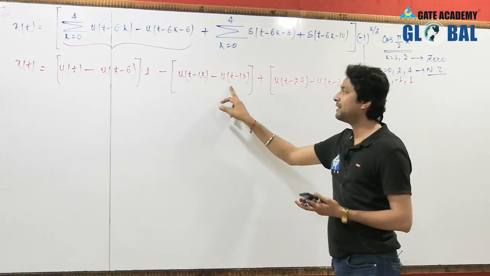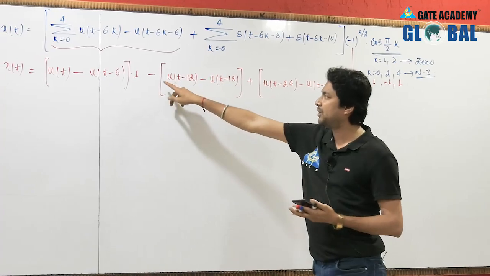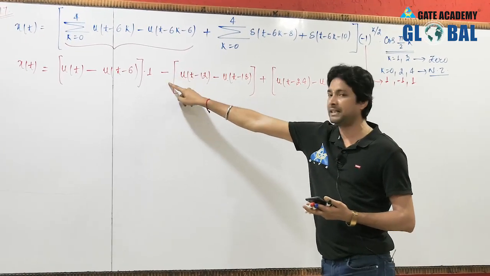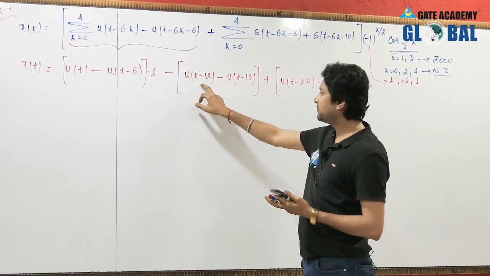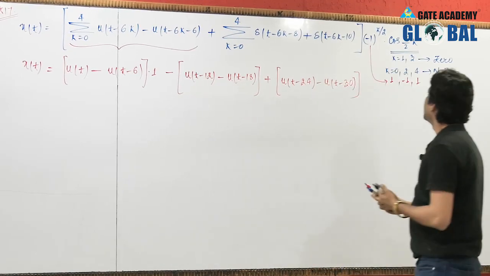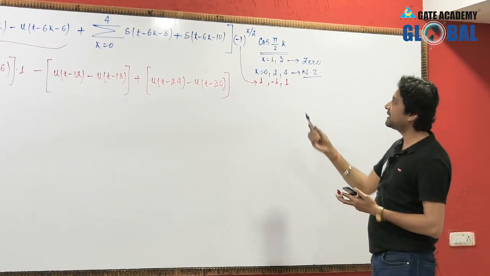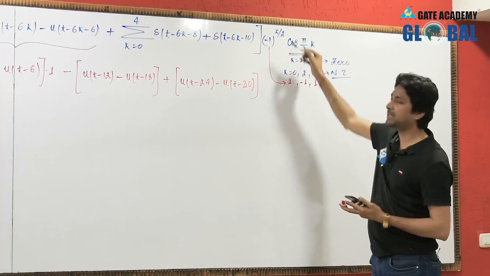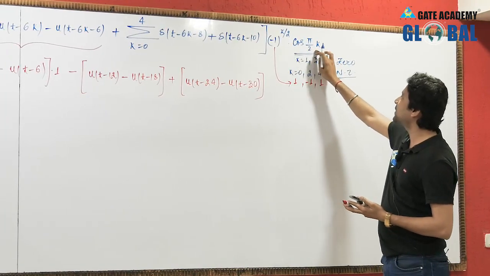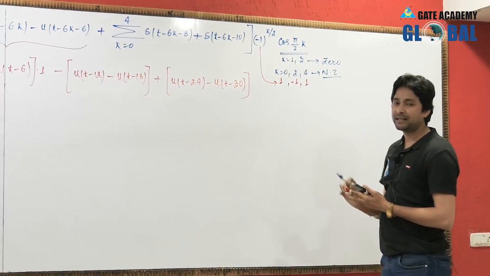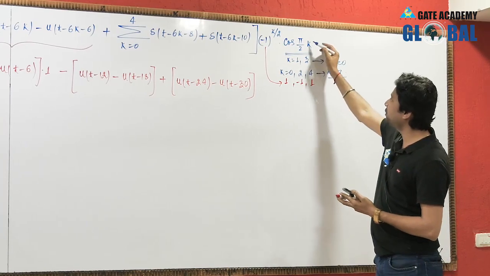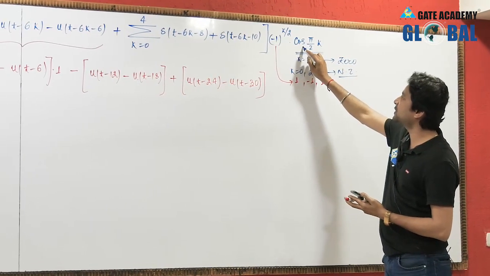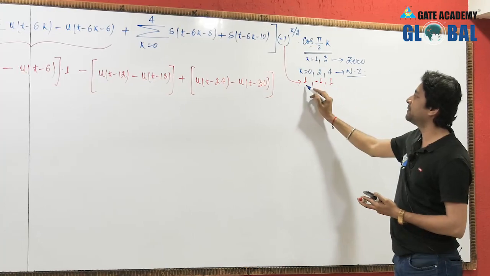Similarly, this function will have value 1 or minus 1 if the coefficient is minus 1. We have just seen the sign of minus 1 to the power k by 2, but the value of cos of pi by 2 k, where k is an even number. If you put k equals 0, then this term is also 1, so 1 into 1, the coefficient will be 1.